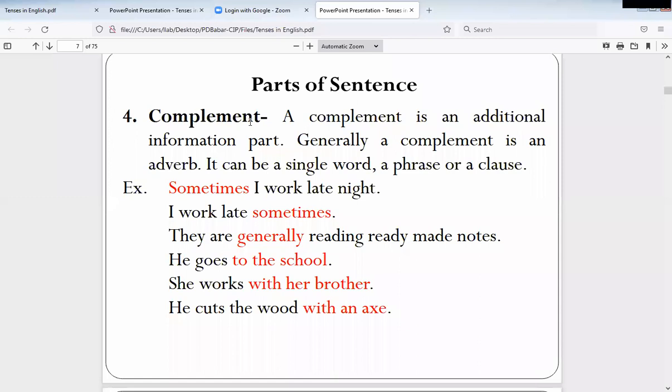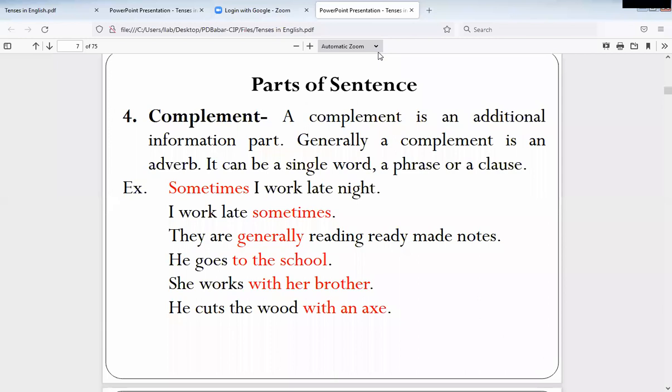He goes to the school. Here he is the subject, goes is the verb, to the school. Okay, to the school. To the school is what? Complementary part of a sentence.